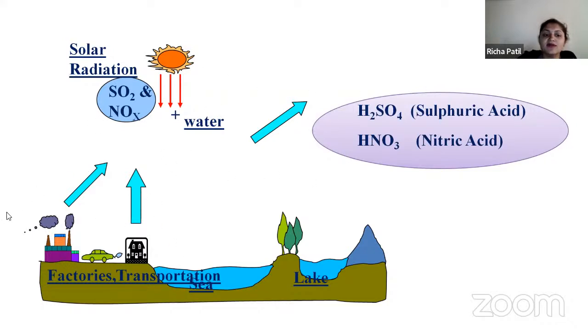Whatever harmful gases are released, that is sulfur dioxide, the oxides of sulfur, and oxides of nitrogen, they get combined with the water and form sulfuric acid and nitric acid. Because of this, there will be an increase in acidic pH, and thus it results in acid rain.